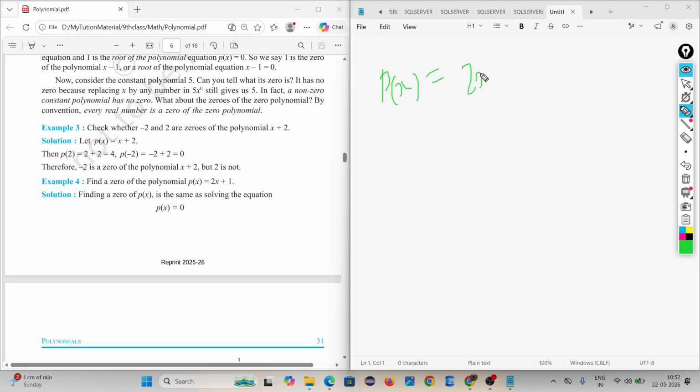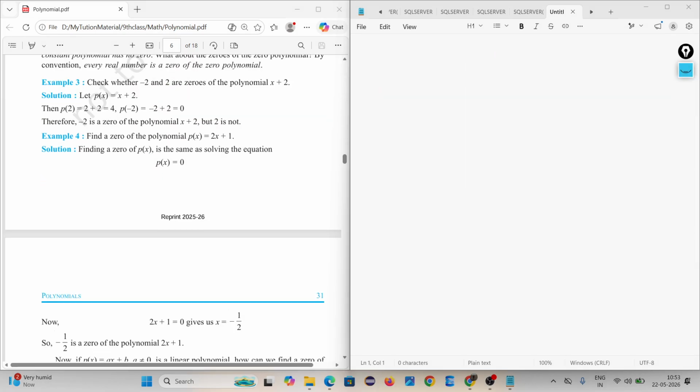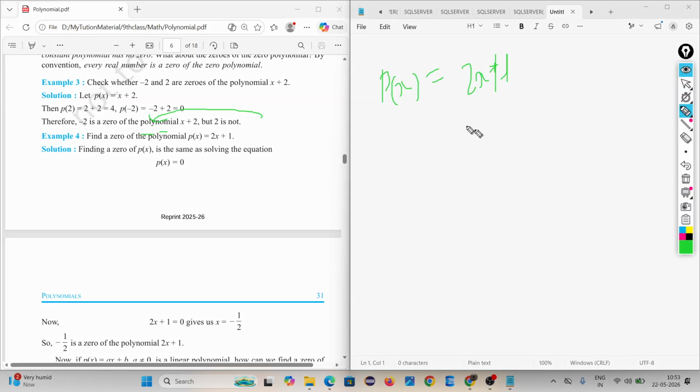The second question says you have to find the zero. In the first question the zeros were given by your book and you had to find the correct one, but in this question you have to find the zero of a polynomial in the variable x. The polynomial is 2x plus 1.